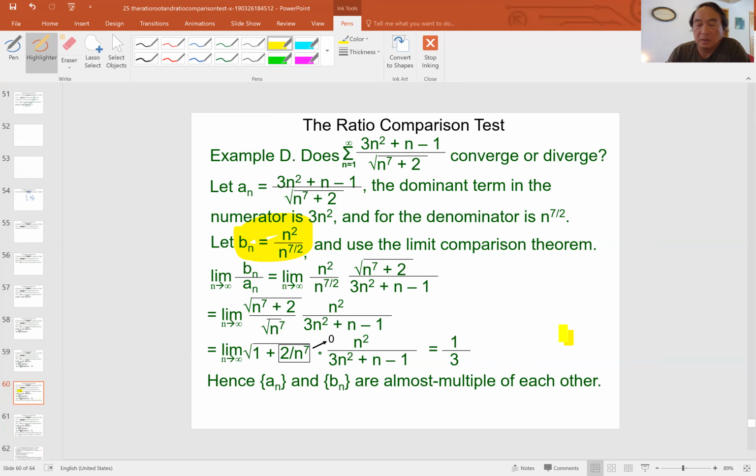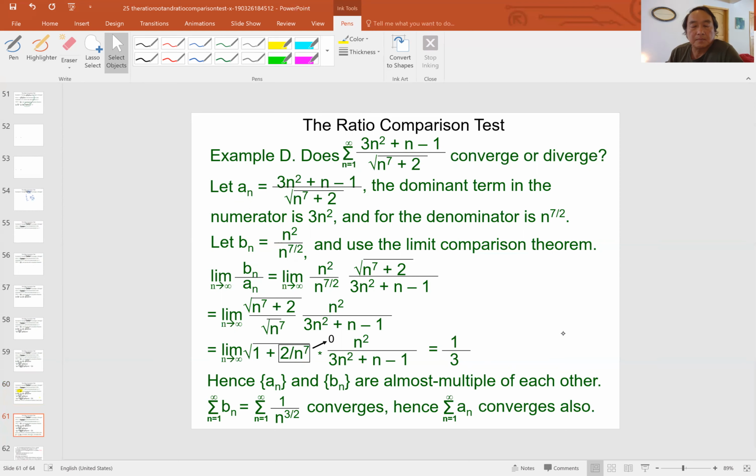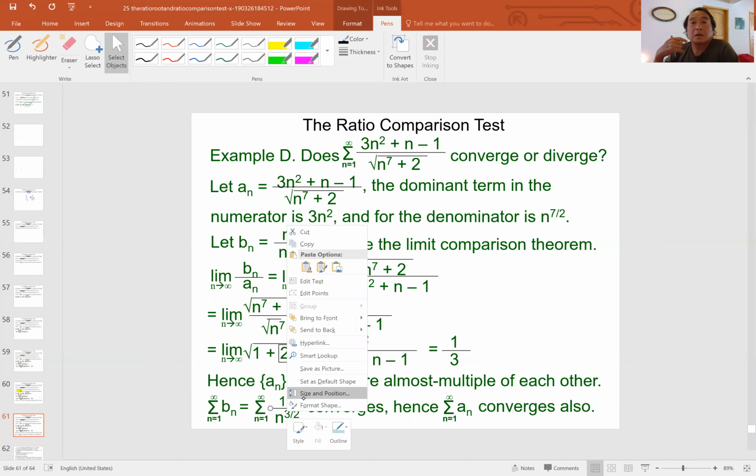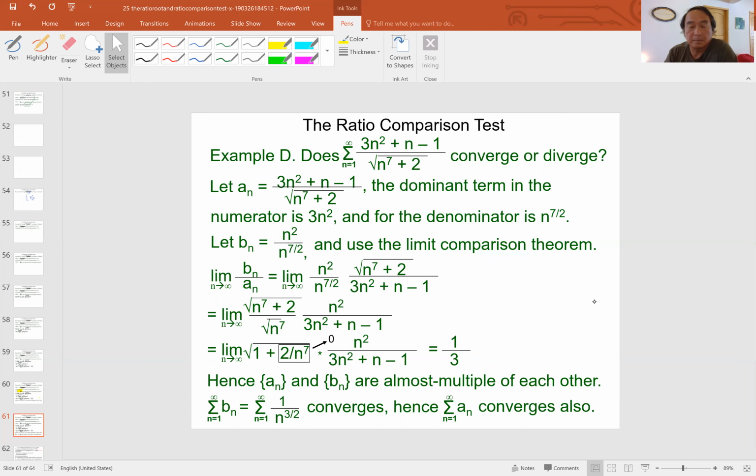That's the p-series, with p equal to 3/2, and p bigger than 1, it converges, right? In the denominator. So therefore, the original series converges.